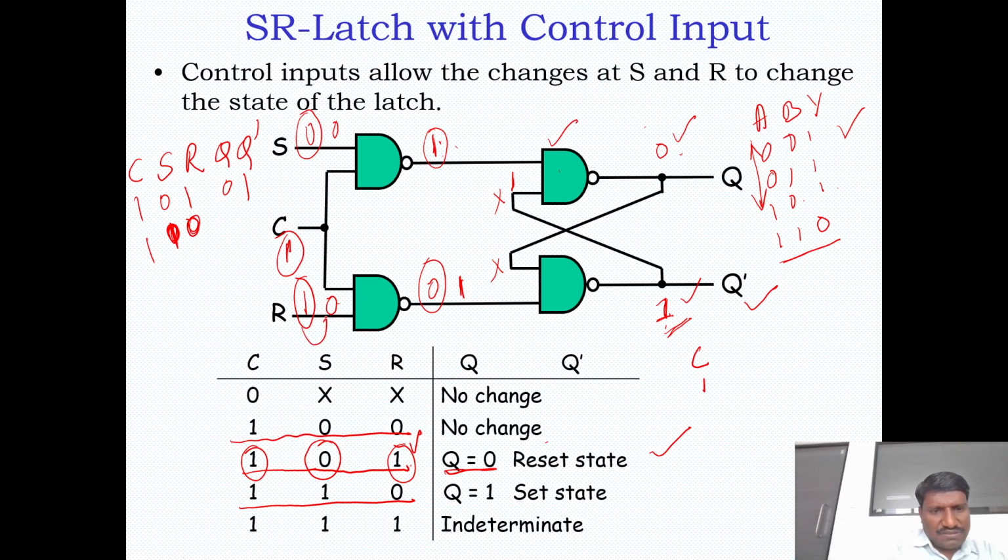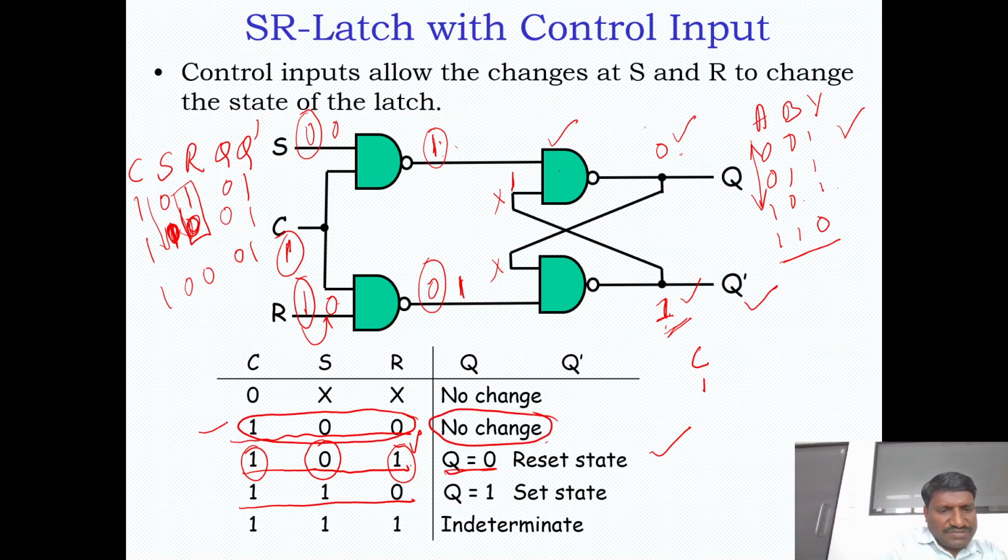It was 1, now I made it 0. S is the same, no change. R I have changed to 0. Then if you look at it, still there is no change. Even if I change the R value from 1 to 0, there is no change. That is, for 1, 0, 0, I am getting 0, 1. What is the meaning of that? I have proved that 1, 0, 0 is a no change case.